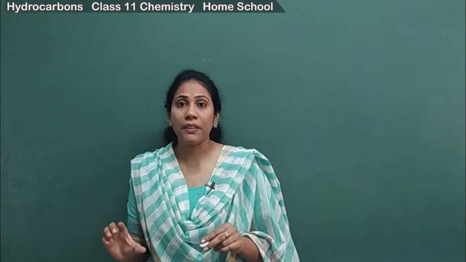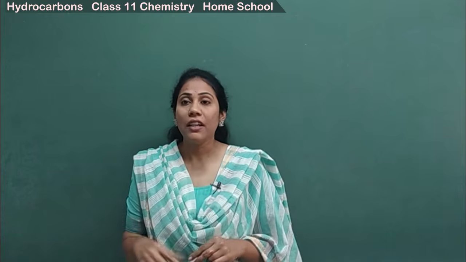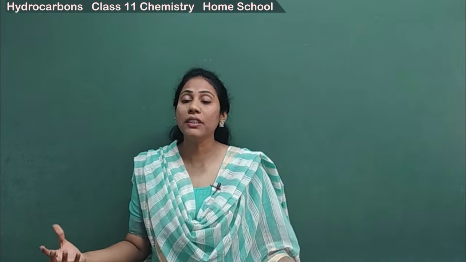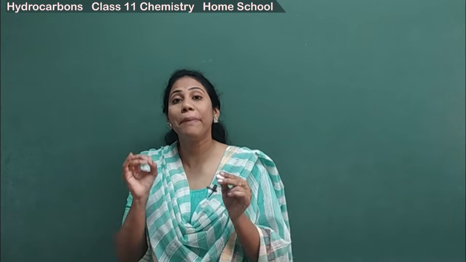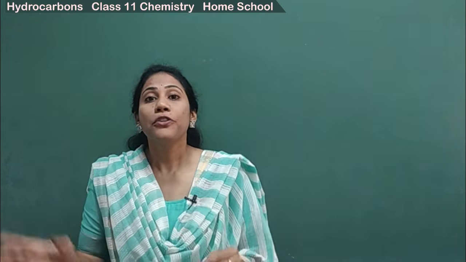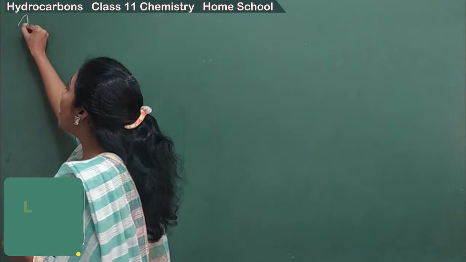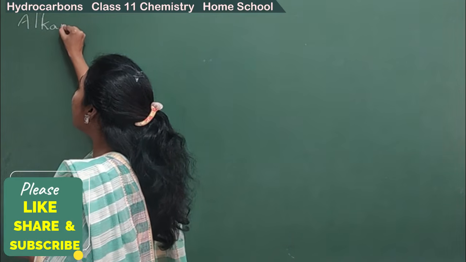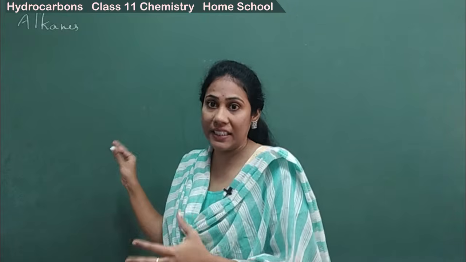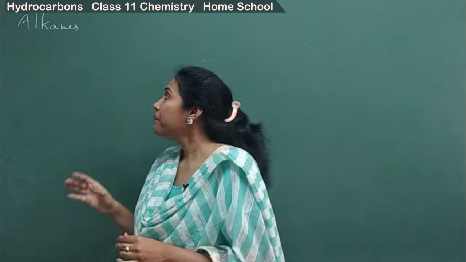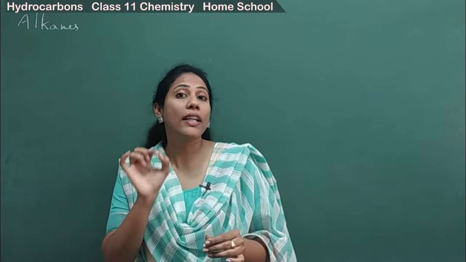And coming to this chapter, this is just the continuation of organic chemistry, where you are going to study the chemistry of the most important and basic organic compounds. So here we will try to understand how the class of alkanes can be prepared and how they react. Okay, so we know what alkanes are. We studied in the previous chapter, alkanes are nothing but single bond containing organic compounds.